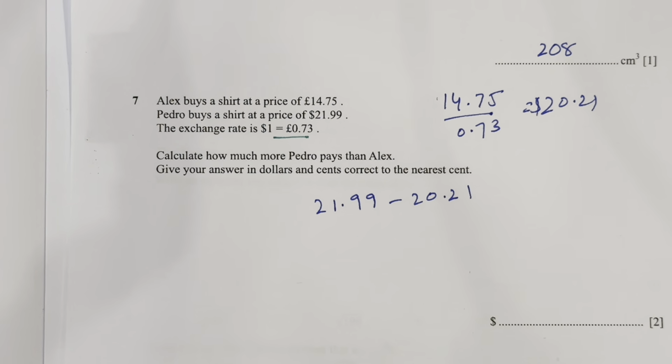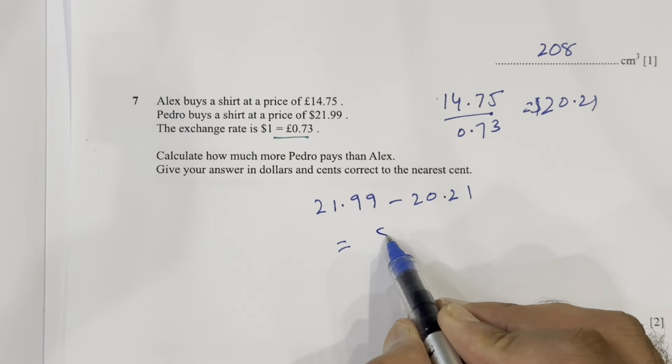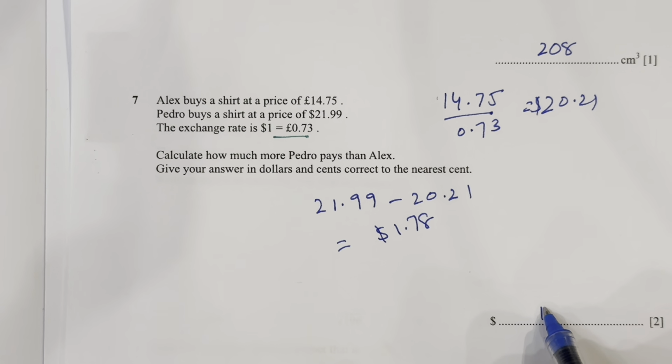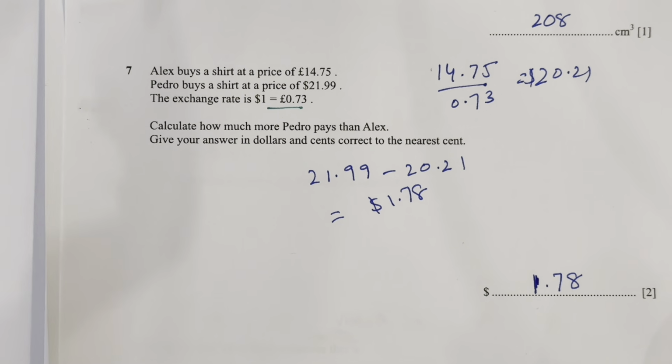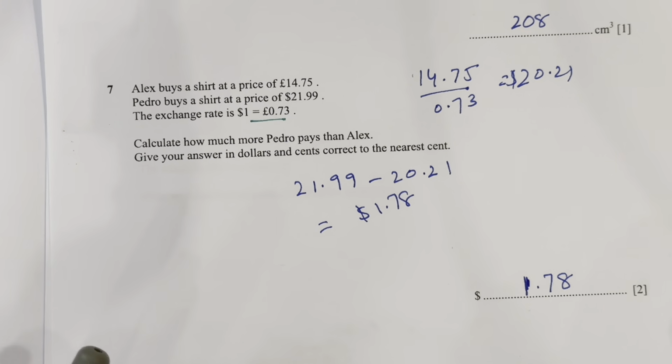This is how much more Pedro pays than Alex for buying this shirt. After calculating, our calculator gives this answer, $1.78, and we're going to write $1.78 over here. So first we converted Alex's price into dollars, and then by taking the difference of Alex and Pedro's shirt prices, the answer would be $1.78.